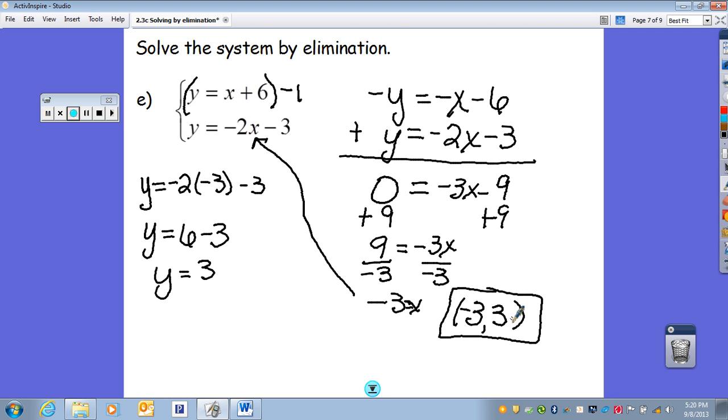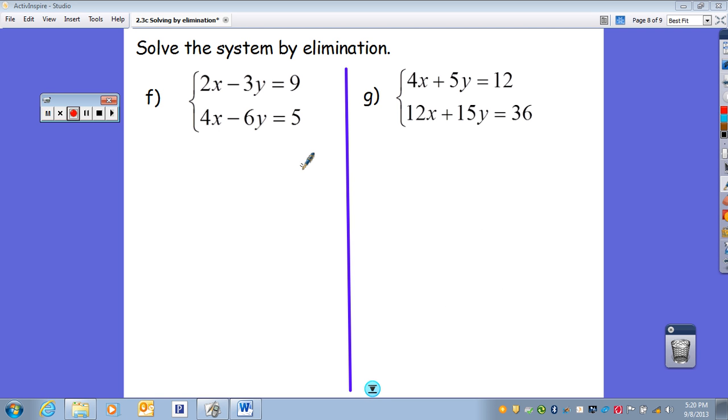This is the point at which my two lines would cross on the coordinate plane. Let's put it into the first example to make sure it also works. Negative 3 plus 6 is 3. Works there as well.